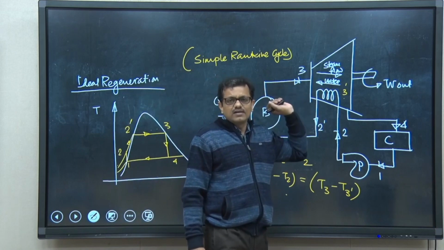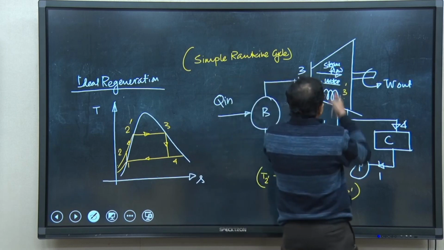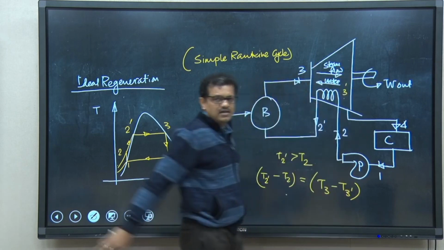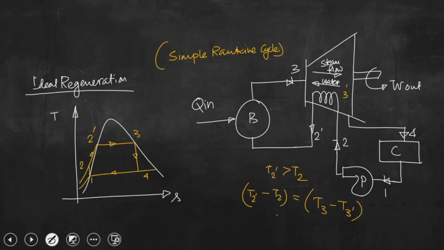If the process is reversible, what will happen? Say this is the cross section; if we take any particular section, this is the flowing steam and this is the flowing water. So, this is water, this is steam.